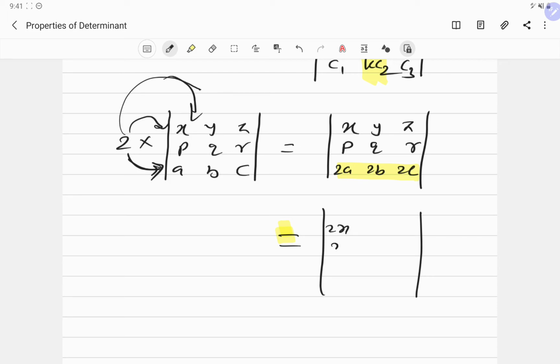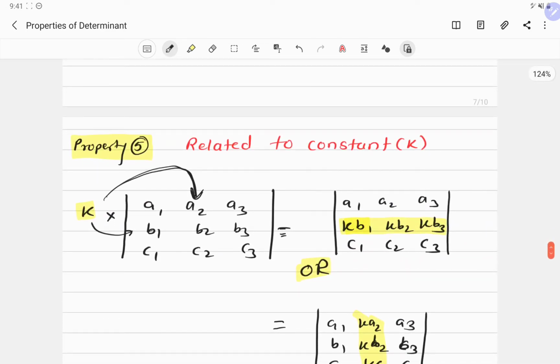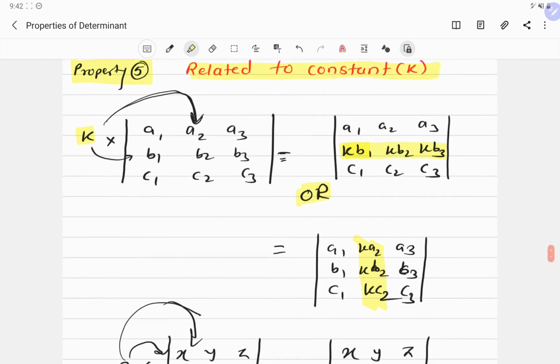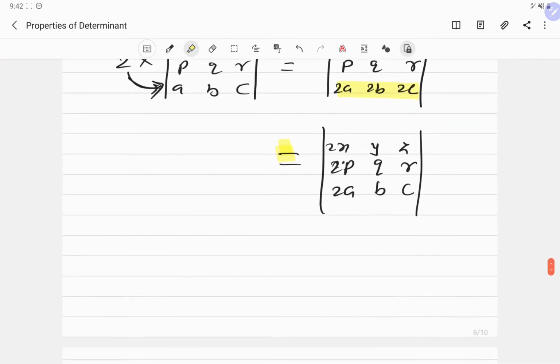So it's 2x, 2p, 2a, but make sure that you keep the rest of the columns as they are. Now what you get from this particular property is, if you want to multiply any constant inside the determinant, then please multiply it to one particular row or one particular column of your choice, and keep the rest of the rows and columns as they are.